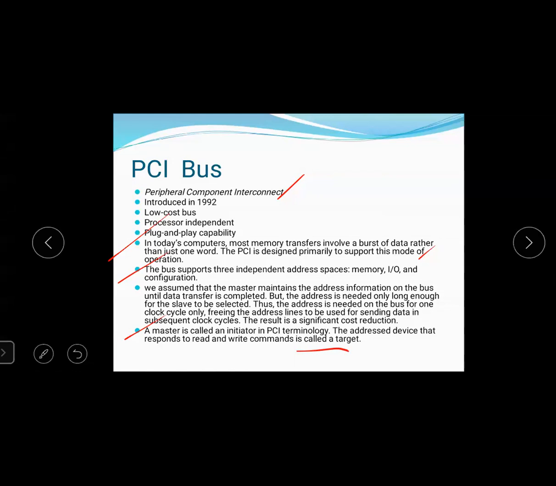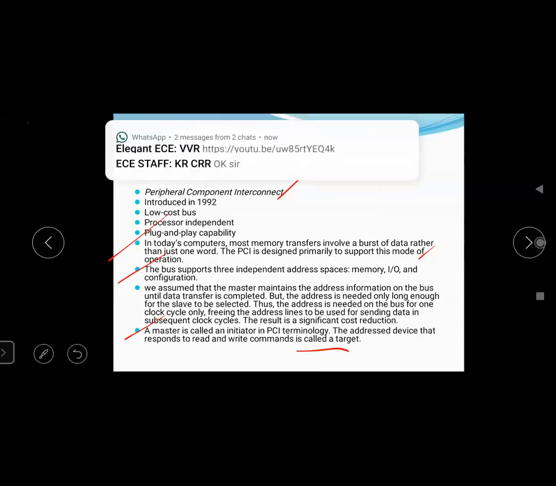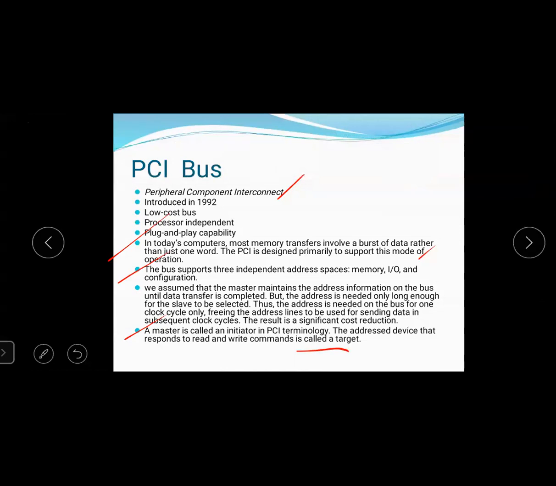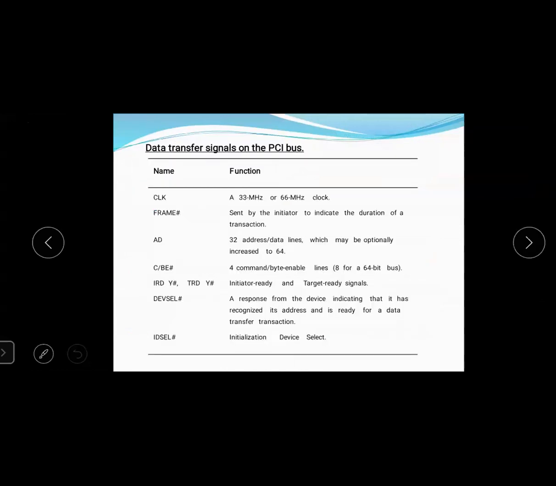Here the slave is also called the target. In PCI bus communication, the one who initiates the transfer is called the master, and these are the transfer signals on the PCI.